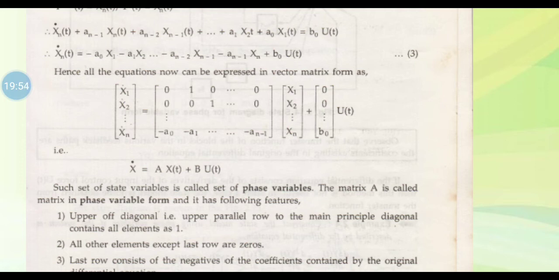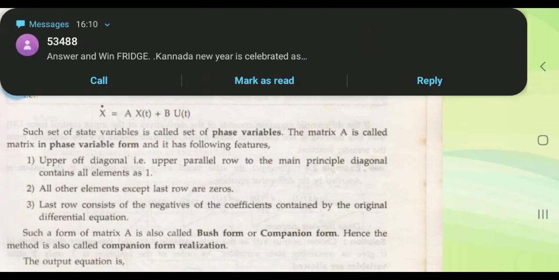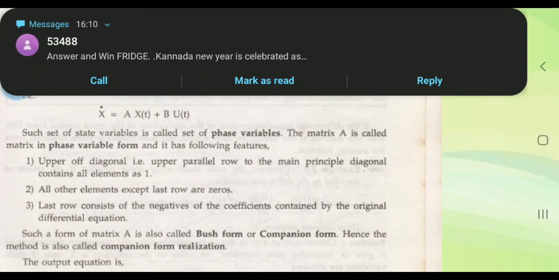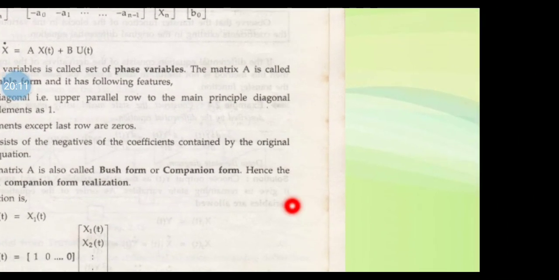Second, all other elements except the last row are zeros. Third, the last row consists of the negatives of the coefficients contained in the original differential equation. Such a form of matrix A is also called Bush form or companion form, and that method is also called companion form realization.